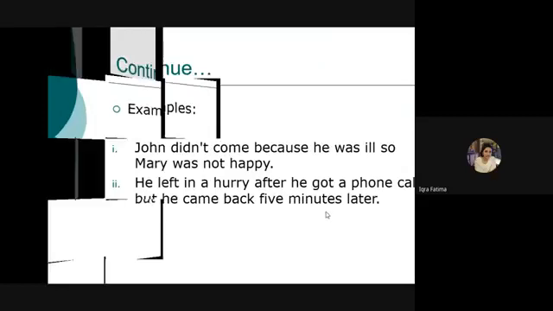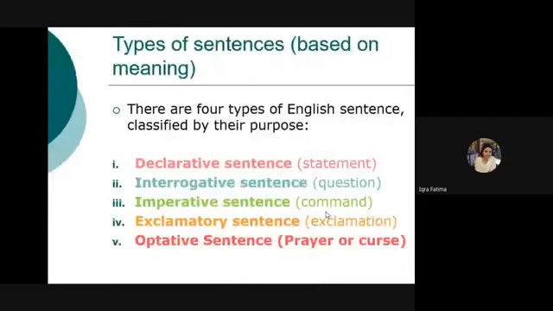Okay. So far we have talked about four types of sentences according to the structure. Why did we talk about these four types of sentences according to the structure? Because before that we have seen that there are a lot of combinations to write a sentence.